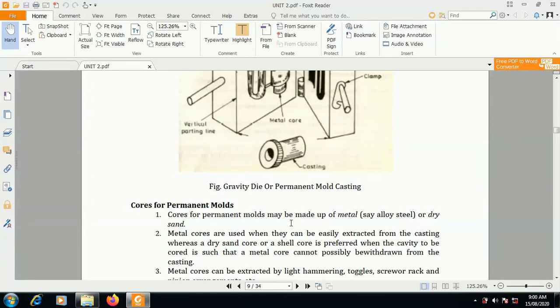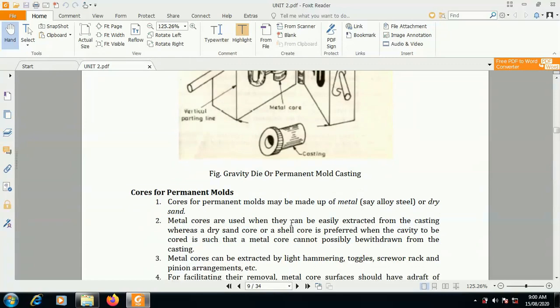If only the core is made up of sand, that process is called a semi permanent mold casting process. Why is the sand core preferred? Because removal of the metallic core is difficult or sometimes not possible from the solidified casting. At that time we have to use the sand core, and the process is named a semi-permanent mold casting process.